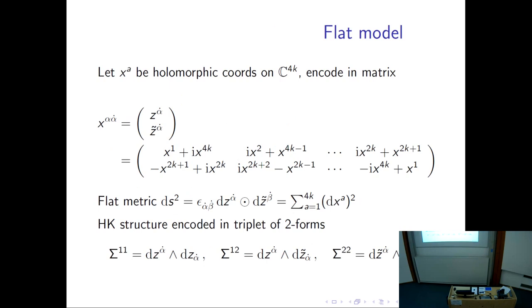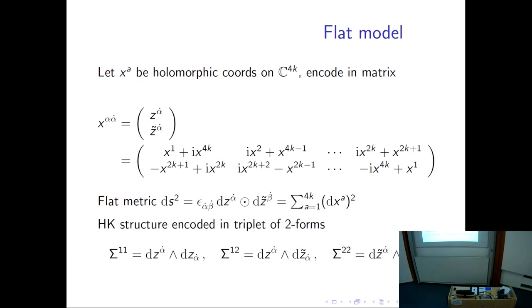So just to give us something concrete to hold on to, let's think about the flat model, just C^4k endowed with its natural hyperkähler structure. So what I do is I take my coordinates x1 up to x4k, and I can bundle them into this quote-unquote spinorial representation that you may or may not be familiar with from 4D.